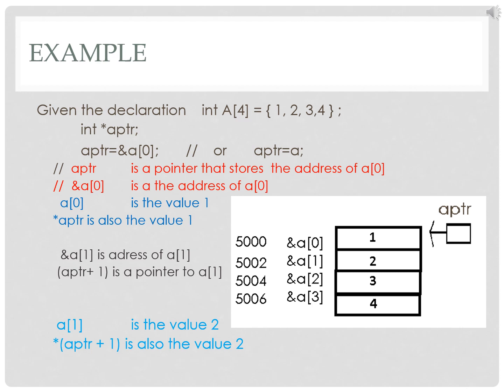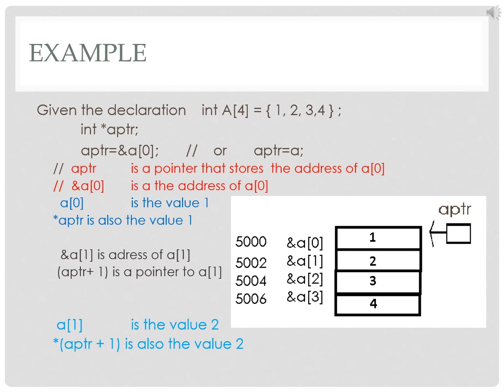The address of a[1] is the same as aptr+1, and the address of a[2] is equal to aptr+2. The value at a[1] is 2, and *(aptr+1) would also give you the value 2.